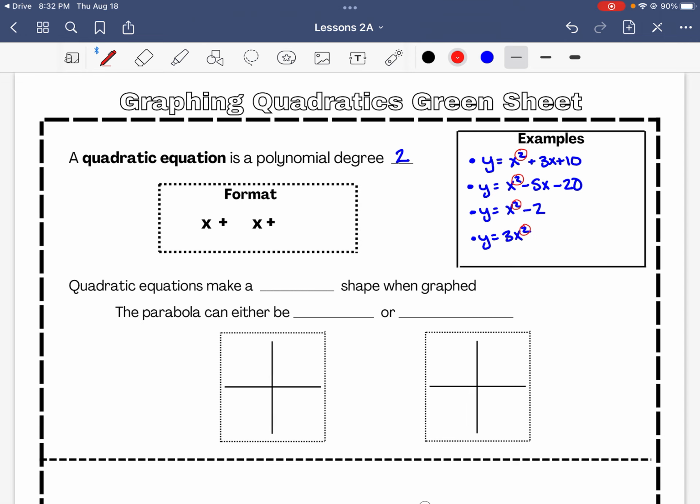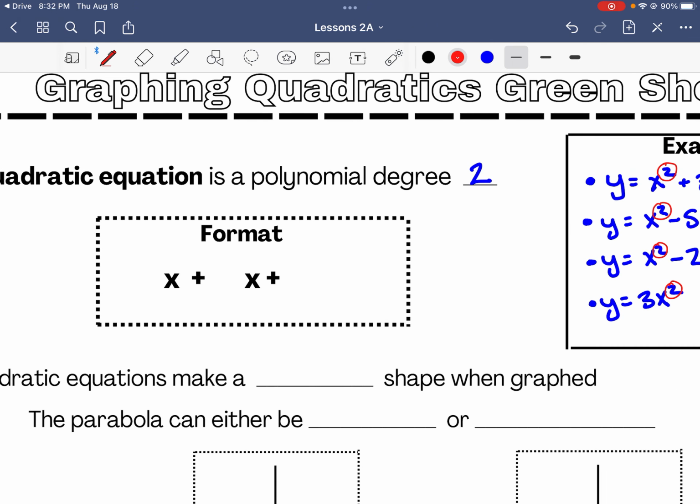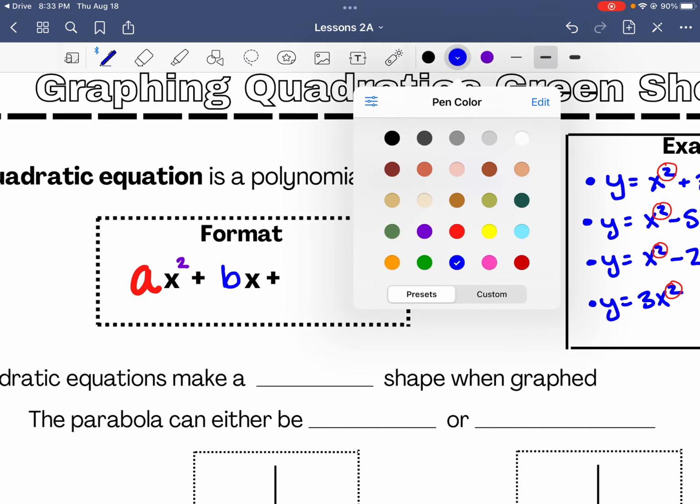Now, when we talk about it, we generally have a format where we use variables when we don't want to use numbers. So usually we say that the format has ax squared plus bx plus c.